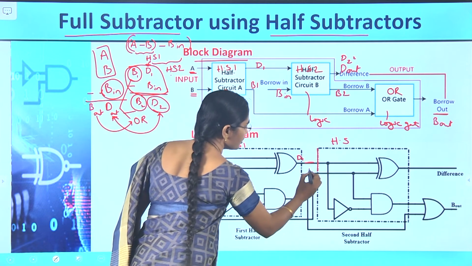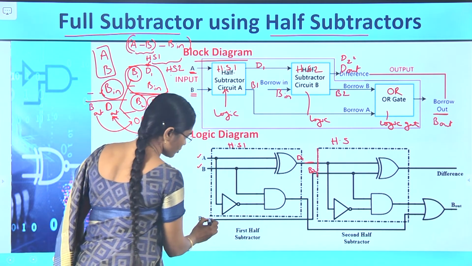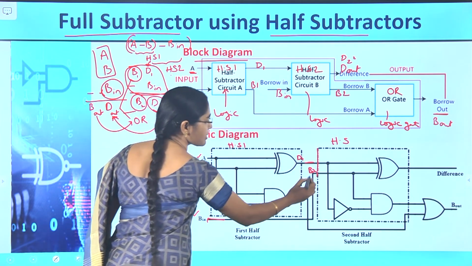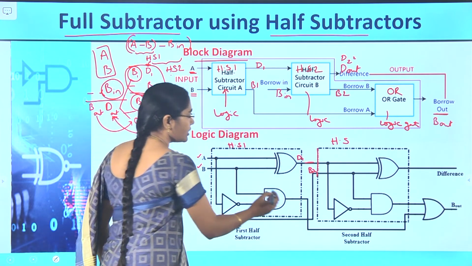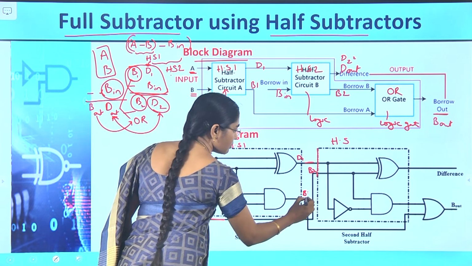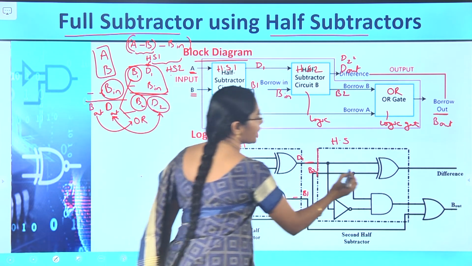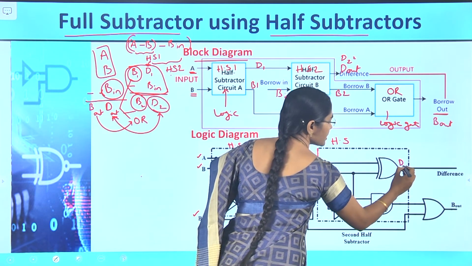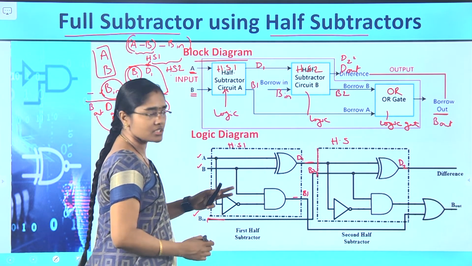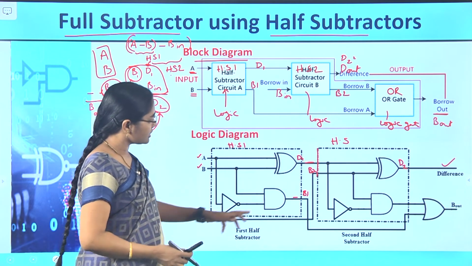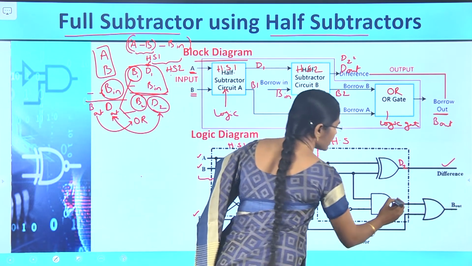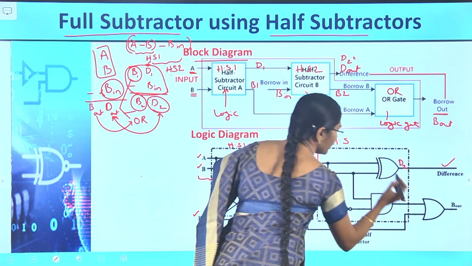Half subtractor 1 also has the output B1, and half subtractor 2 gives D2, the final difference, and the borrow B2.